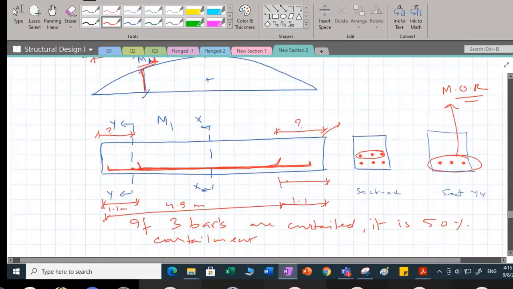From here I'll be taking 1.1 meter and I'll cut the bar, and from the other support I'm going to again take 1.1 meter and I'll cut the bar. So this is my theoretical cutoff point.